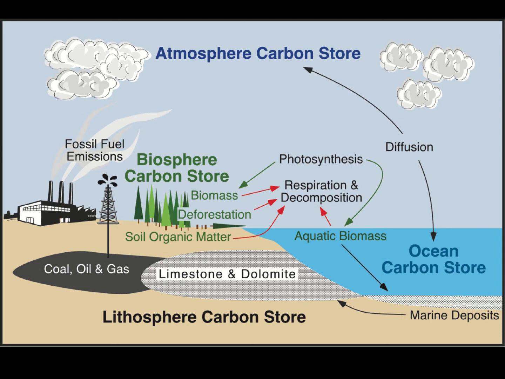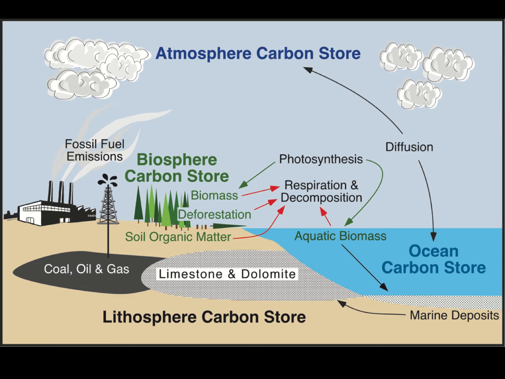The following diagram shows the major stores and the mechanisms that move carbon from one store to another. So the major stores here are the atmosphere carbon store, the ocean carbon store, the lithosphere carbon store, which consists of things like marine deposits, limestone and dolomite, coal, oil, and gas, and then the biosphere carbon store.